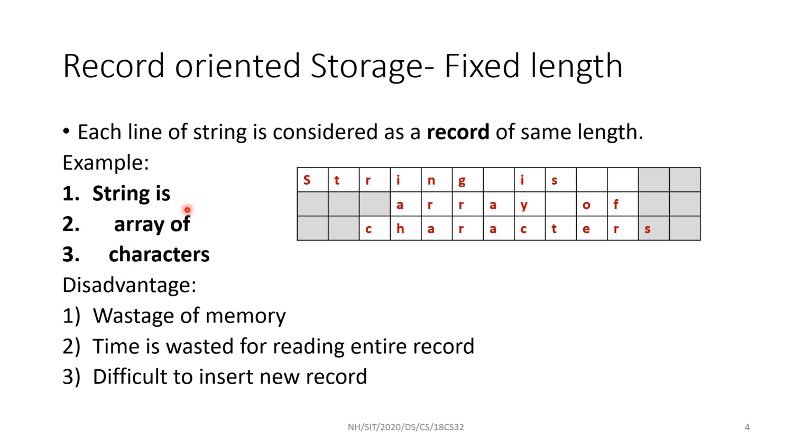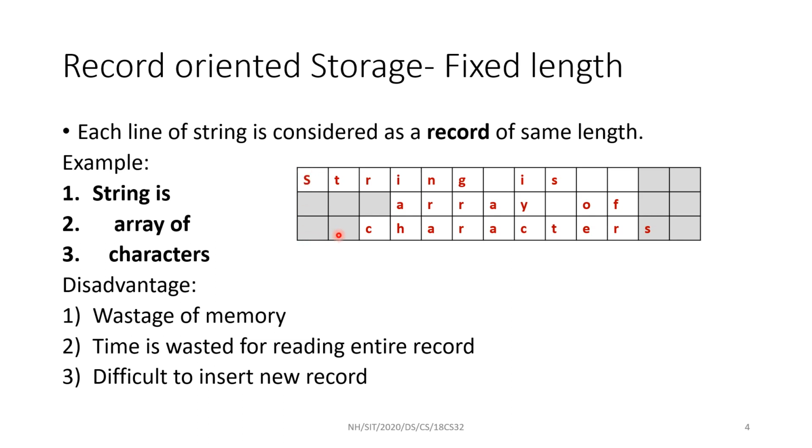For this example, I'll be taking three lines, three records. The first line is "string space is space". The second is "space array space of space". And the third line is "space characters space". How is that represented? We follow a fixed length format.